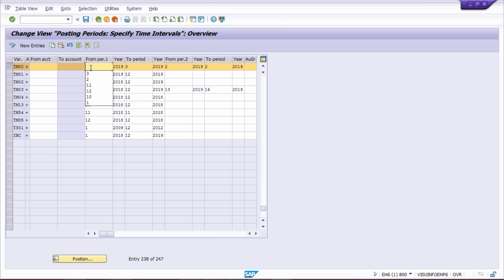But if they have given this second period, opened from period 2, it means there is a specific reason. And what is the reason? Then they will open this period 2, but they are going to add a clause here and, let's suppose, assign an authorization group. Look here, this last column is called authorization group.